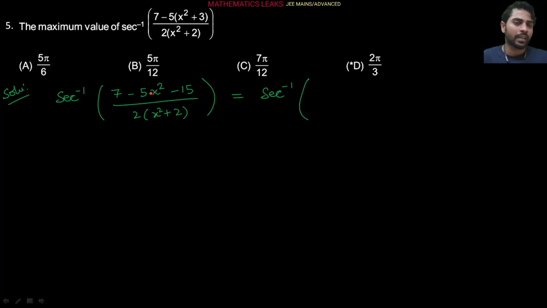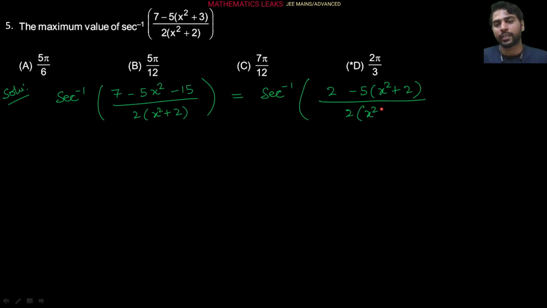So I can easily write that as secant inverse of, if you will see here, the x square coefficient is 5, so 5 we will take common, and we want it positive here, so I am separating 5 from this 15, so that will be minus 10. So minus of 5x square minus 10, so minus 5 common here, so x square plus 2 becomes here, right? And 5 we had separated from this minus 15, so that minus 5 plus 7 is 2 here, right? We can write the entire quantity in the numerator in this way. Is it clear, everybody?